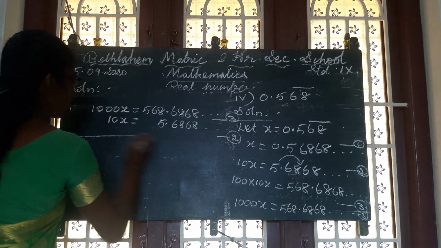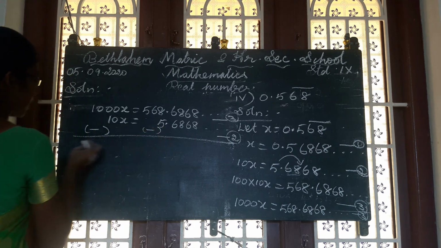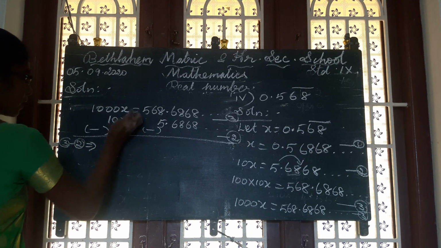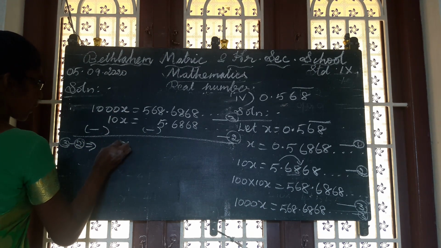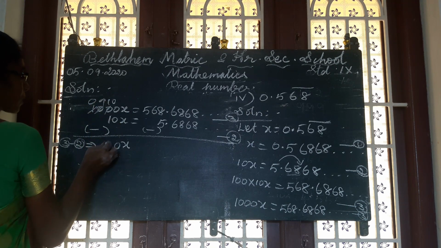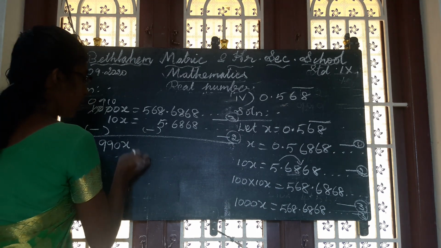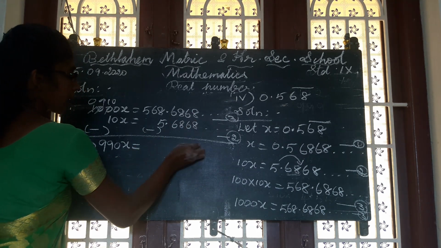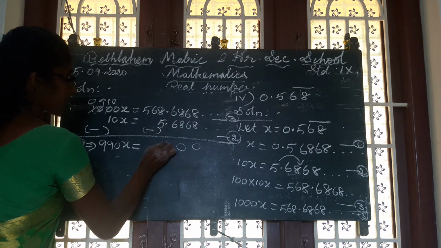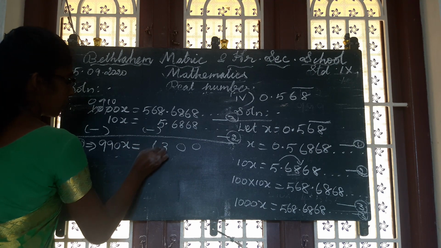When we are subtracting, equation 3 minus 2 implies, here x, write 0, next 0, 9, 10, 10 minus 1 means 9, 9. 990x is equal to, here everything will be 0. What are we getting? 8 minus 5 is 3. Next 6 minus 6, 3.